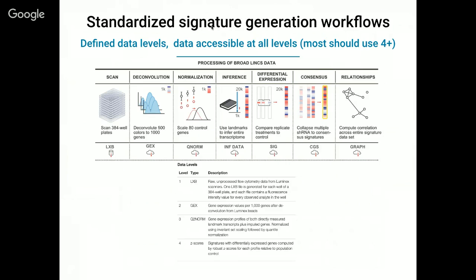So post the inference step, which is what this contest is about, we analyze the data by computing differential expression, which is to say genes that are up in a particular treatment compared to a control. We then concatenate multiple signatures to make a consensus signature, which represents a robust signature of a particular perturbation.